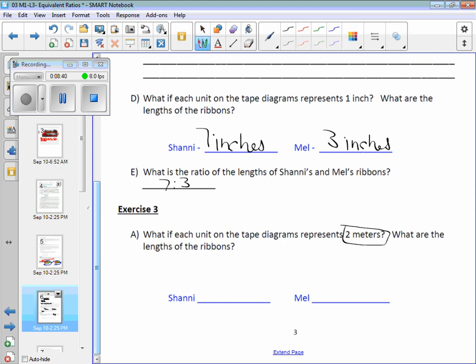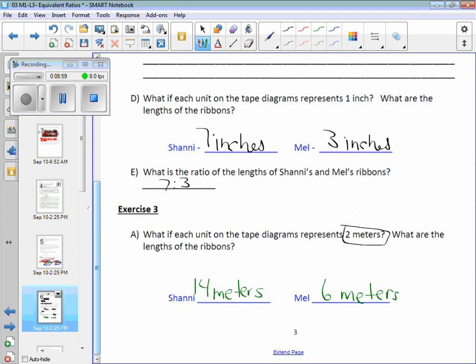Gabrielle. 14 to 6. 14 what? Meters. Let's give it some length. How many of you agree 14 meters and 6 meters? And you would be right.